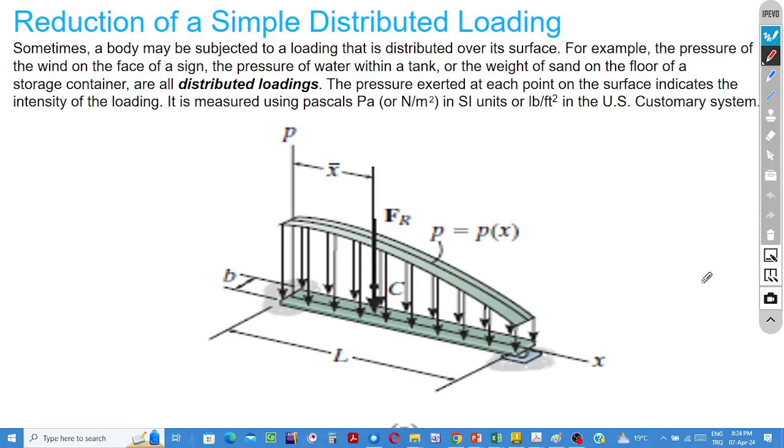In the first video records, we saw that the volume under the load curve is equal to the magnitude of the resultant force of the distributed system.